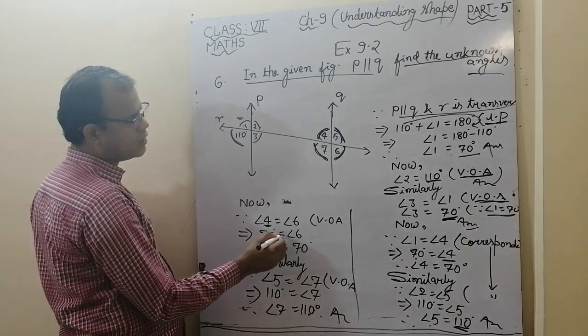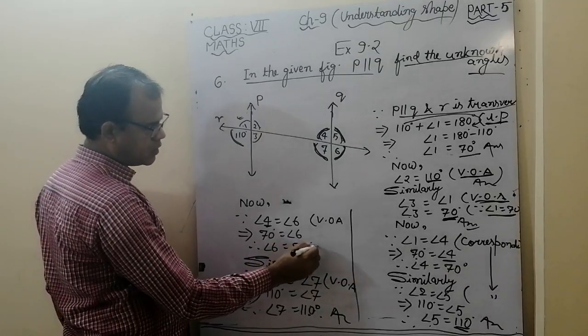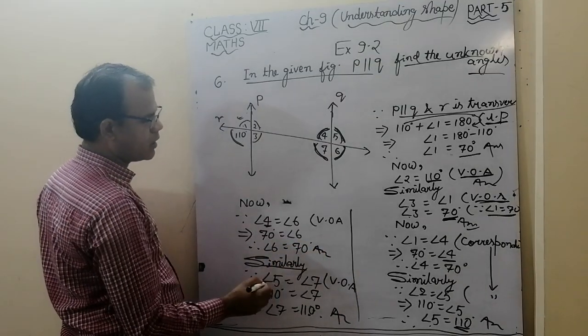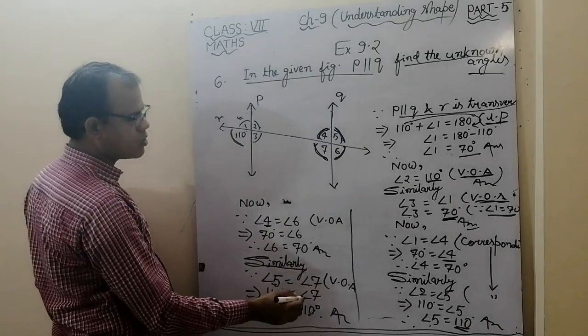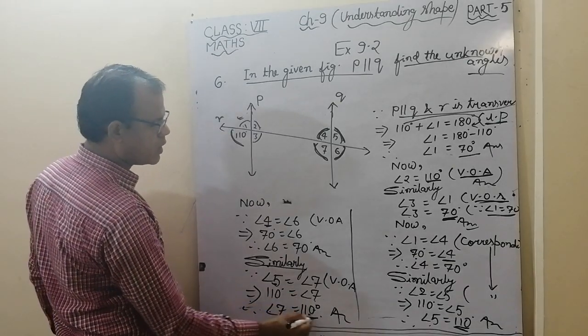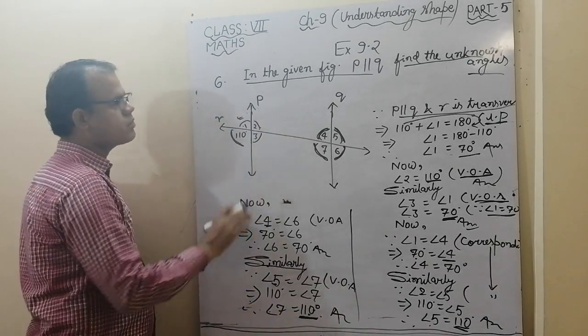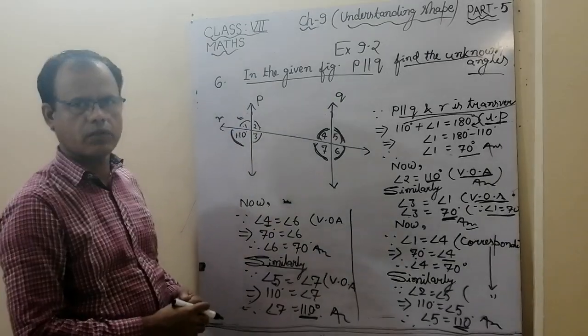So 70 degrees equals angle 6. Therefore angle 6 equals 70 degrees, answer. And similarly angles 5 and 7, the value of angle 5 is 110, equal to angle 7. It means angle 7 is 110 degrees. In this way we find out angles 1, 2, 3, 4, 5, 6 and 7.